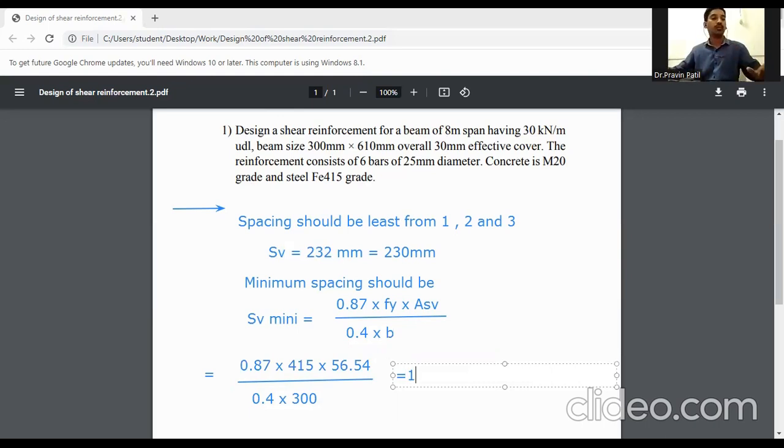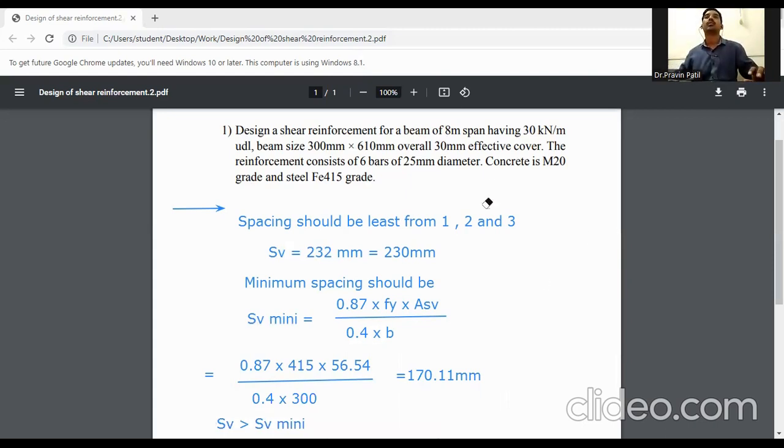It will be 170.11 mm. So the provided SV value is greater than SV minimum.